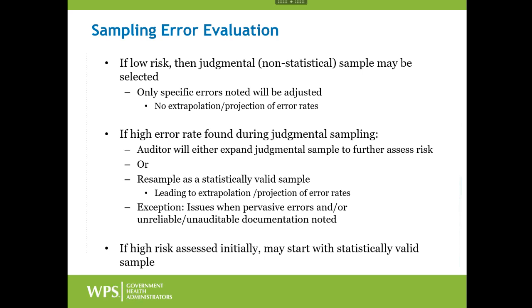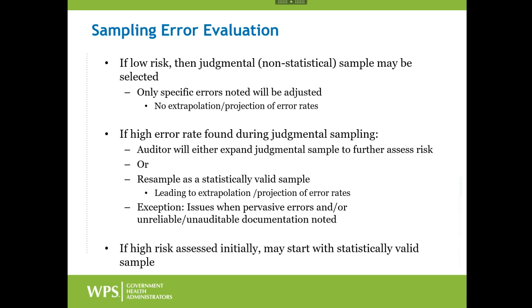Now, if they did a test, and let's say they found one of those units to be properly supported, but nothing else appeared to be, then of course we'll allow that one that was properly supported, but everything else in the dollar amount or the day amount on that cost report line would be disallowed. Now again, that's not an extrapolation, it's not a sampling adjustment, that would be a documentation type adjustment.